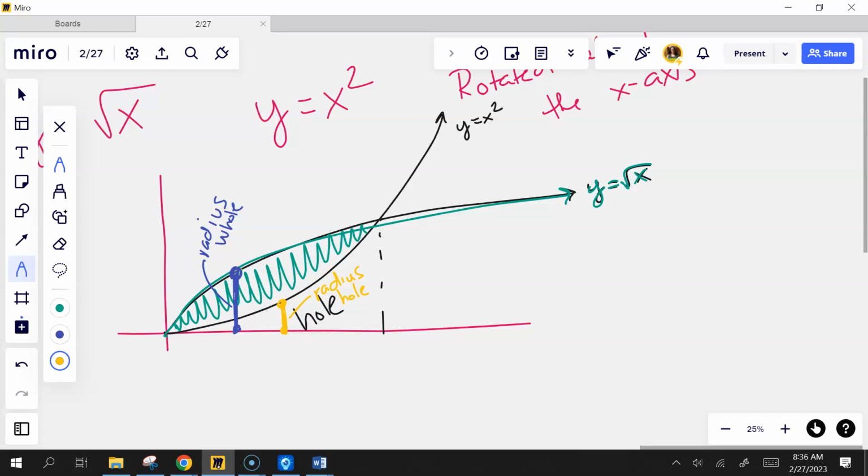So when we integrate, from whatever to whatever, we do the area of the whole minus the area of the hole. Does that make sense?